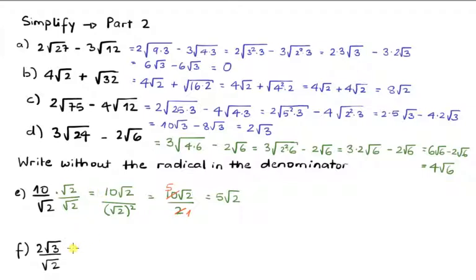Final problem. Again, I want to rationalize, so I multiply both numerator and denominator by the root that I want to get rid of. In this case, that's root 2. So I'm left with 2 times root 3 times root 2 over the square root of 2 squared. Recall from the rules of multiplication that if I have the same root, I can multiply, I can pull the 2 under the same root.